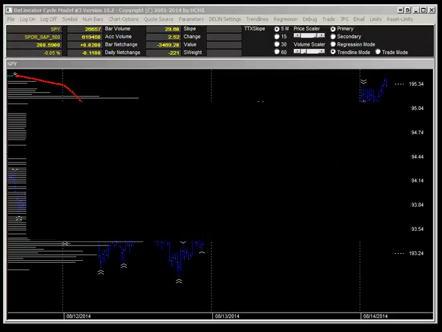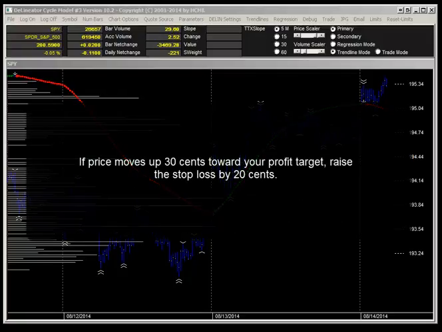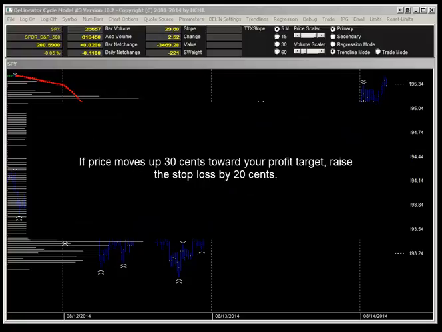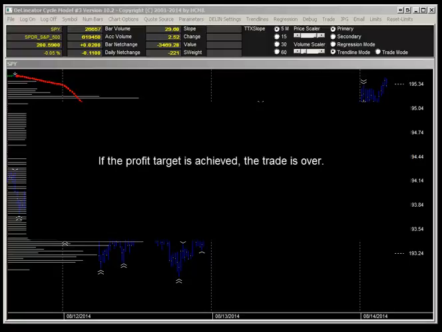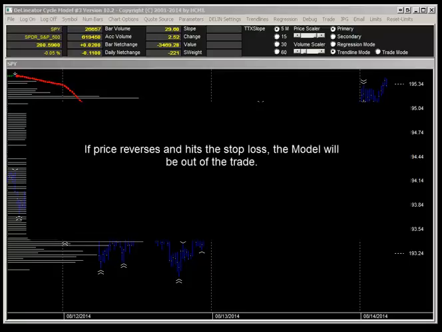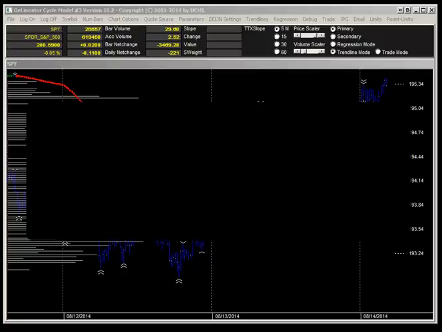Then you wait. If price moves up 30 cents toward your profit target, your stop loss limit should then be raised 20 cents. If the profit target is achieved, the limit will be filled and the model will be out of the trade. If price reverses and hits the stop loss, the model will be automatically out of the trade.